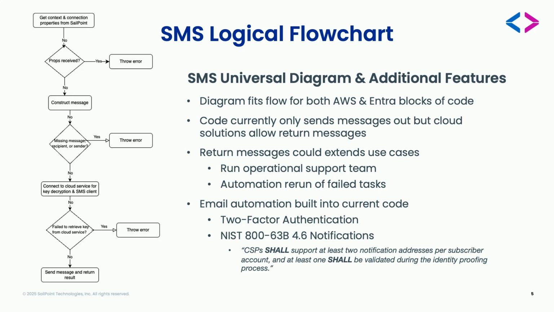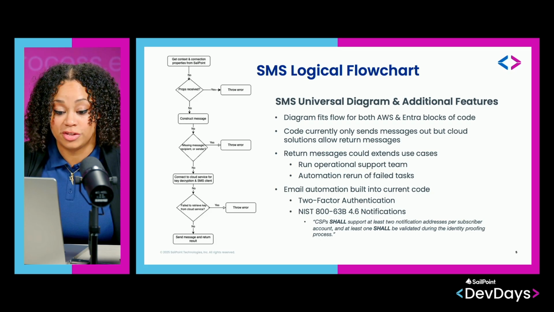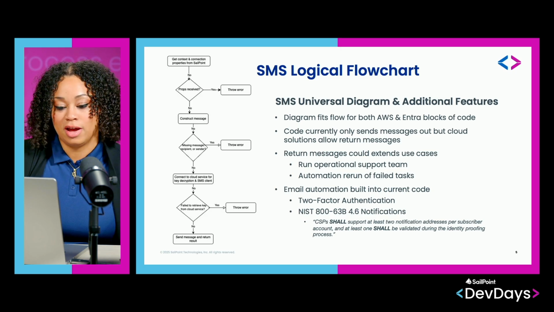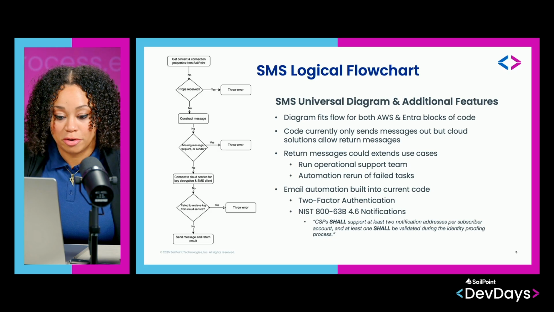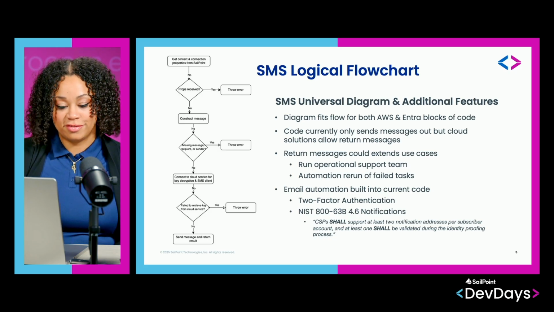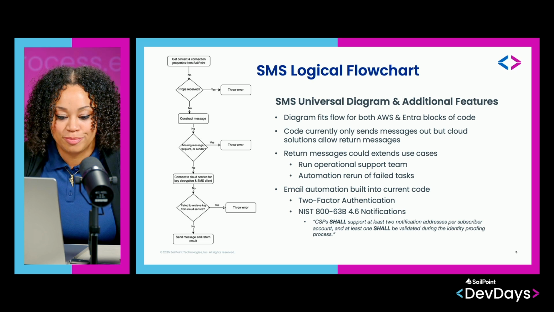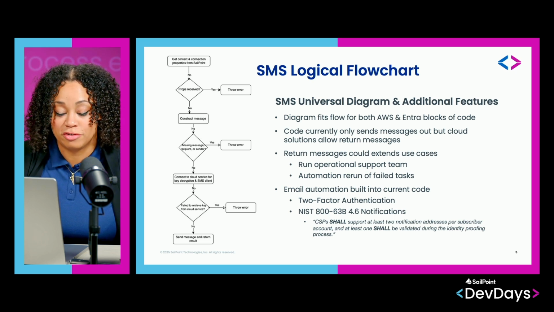The next thing will be constructing the message in the sense of the actual object to send the text. Next will be connecting to your cloud service of choice. For demo purposes, we will be looking specifically at AWS and at Azure. And then we will be sending the message and receiving the result.